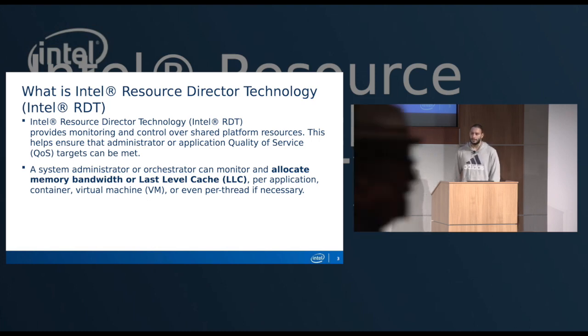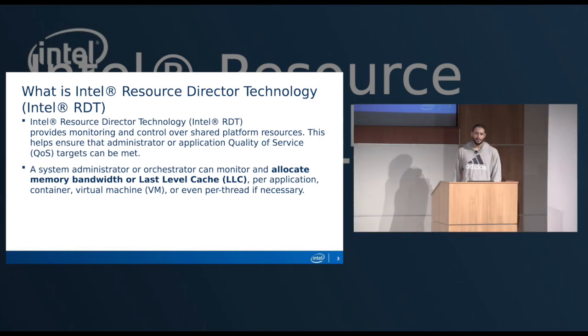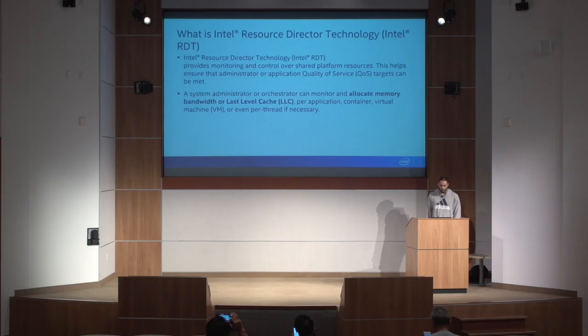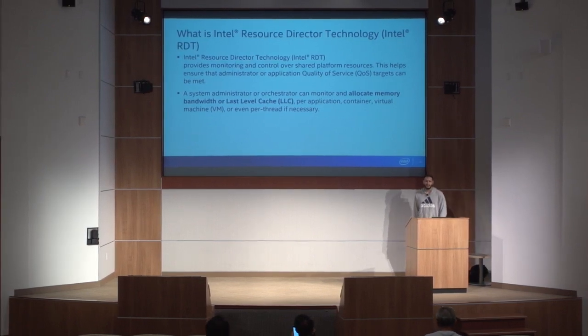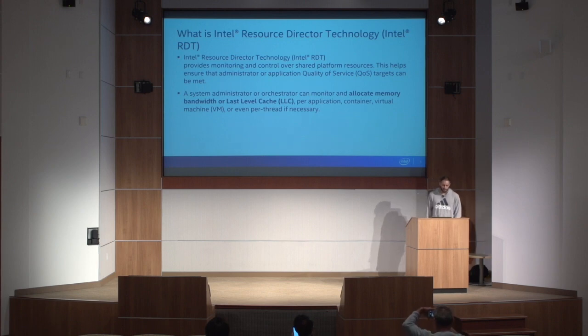As of now, you can partition your CPU, your memory, your storage, but Intel RDT gives you the ability to partition your memory bandwidth, which is a Cascade Lake feature, and also last level cache, which I believe you can do on Broadwell and Cascade Lake as well.